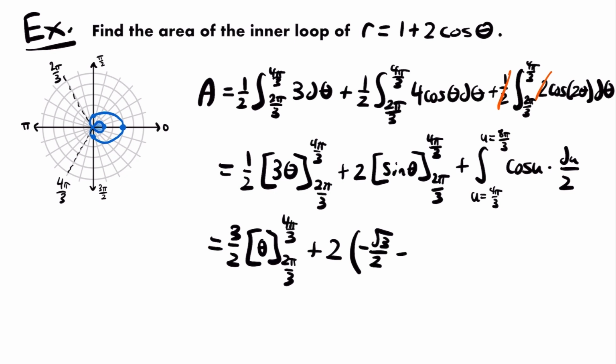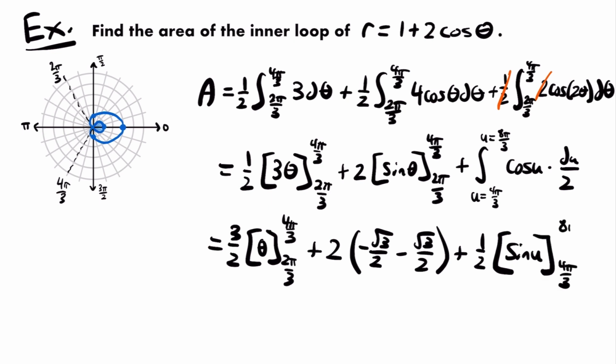And then we're subtracting sine of 2 pi divided by 3, which is the positive square root of 3 divided by 2. All right, and so then we'll add this to this integral, which if we pull this 1/2 to the outside, we'll have 1/2 times the integral of cosine u, which will be sine u. The integral of cosine is sine, and that will be evaluated from 4 pi divided by 3 to 8 pi divided by 3.